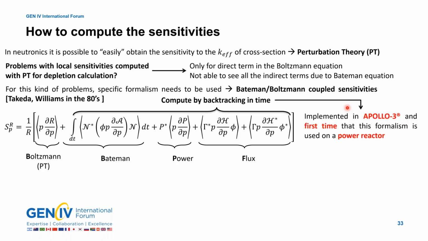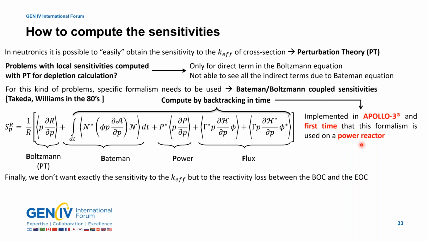To compute all the new terms of these coupled sensitivities, you need to backtrack in time. This backtrack in time raised questions that were complicated to consider in a real core context, but it has recently been implemented in Apollo 3, and it will be the first time that this formalism is applied on a real 3D power reactor.